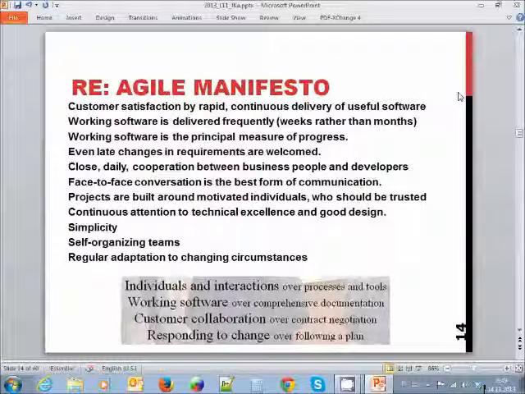So a number of software engineers, software developers, came up with the Agile manifesto at the turn of the century. It's a sort of a declaration. I'm not certain how serious it's meant to be, but some people have taken it really seriously.